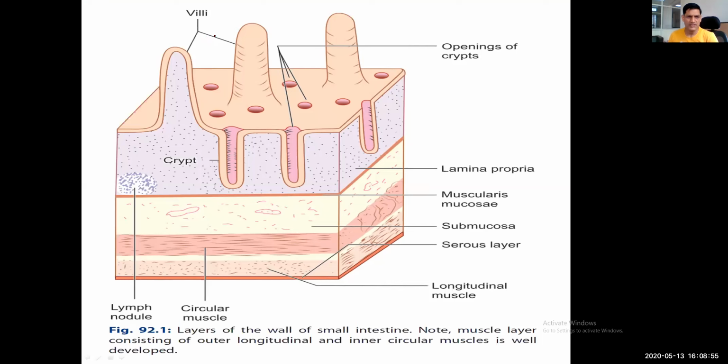These are the villi which help in absorption of the food, and these are the crypts, opening of the crypts: muscularis mucosa, submucosa, serous layer, longitudinal, circular, and longitudinal muscle layer. So the wall of the small intestine is almost the same. Lymphatics are more at the ileum level.